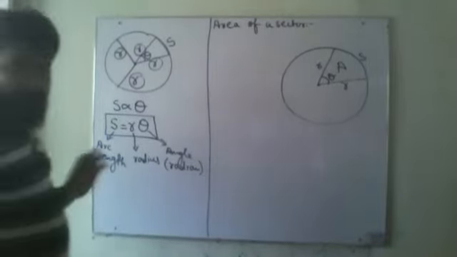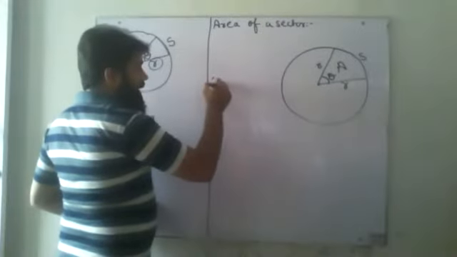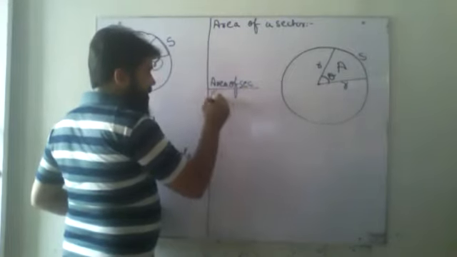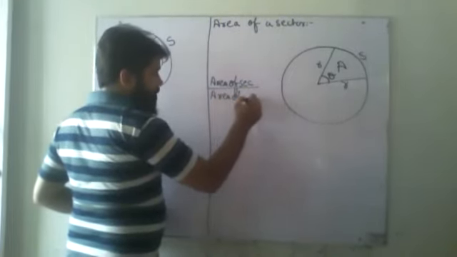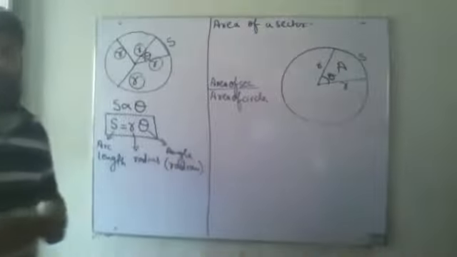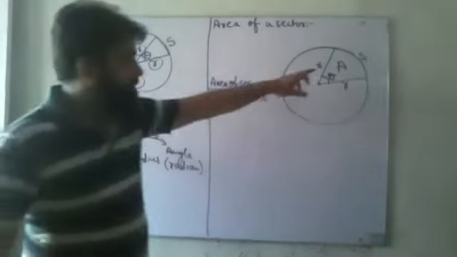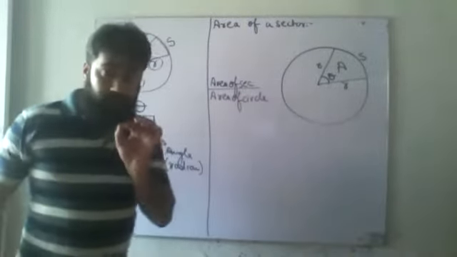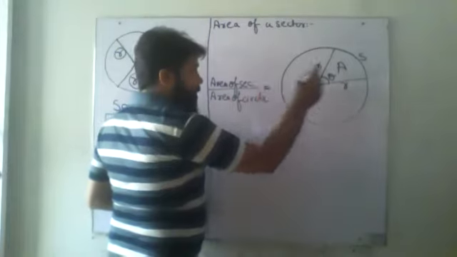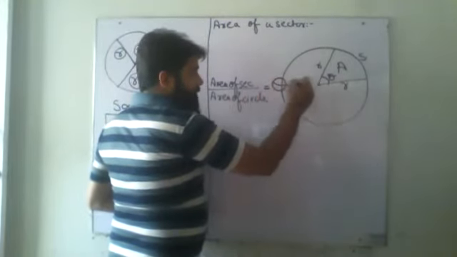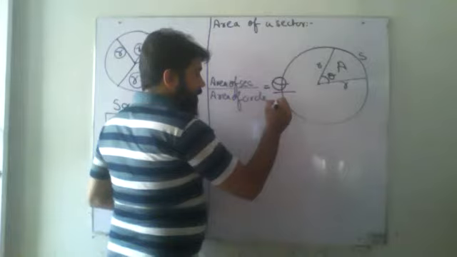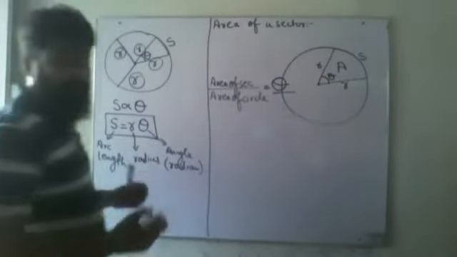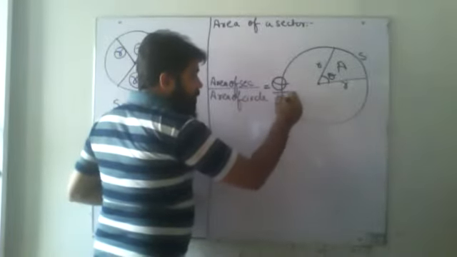Now, I know that the area of a sector, which I don't know over here, divided by the area of the whole circle will be equal to theta, the angle of the sector, divided by the angle of the whole circle in radian, which we have already done, that is 2 pi.